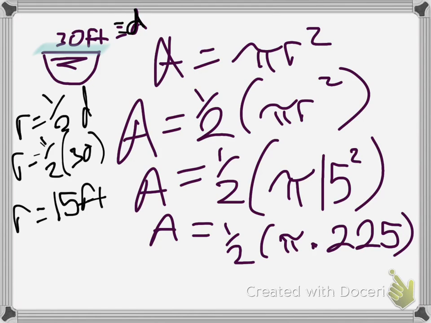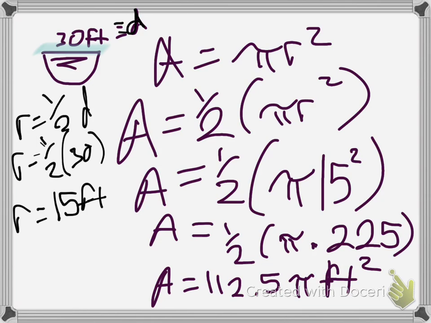This is an exact area I want to find because I'm covering an exact amount of space, so I'm going to leave it in terms of pi for now. My area equals 1/2 times 225, that is 112.5 pi feet squared. So that's the area of my half circle.